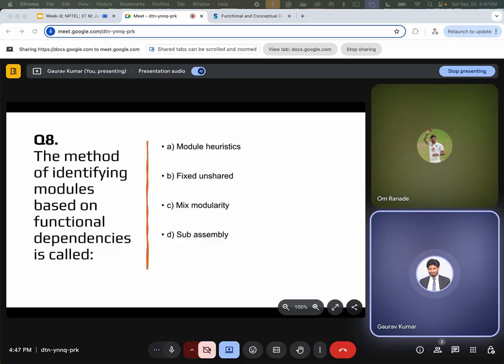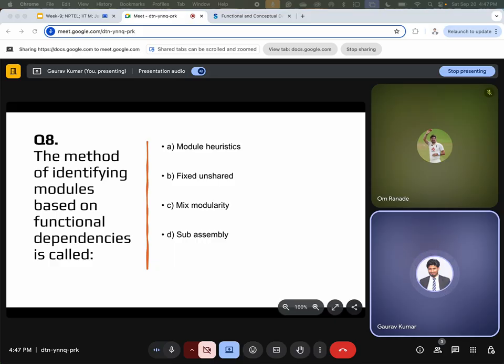Yes, correct. So, when identifying the modules, designers often need to analyze the functional dependency. The method dedicated to this is known as module heuristics. This involves observing how different functions operate semi-independently. By focusing on functional relationships, module heuristics provide a rational basis for module definition.